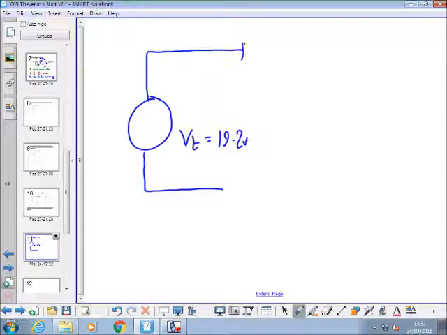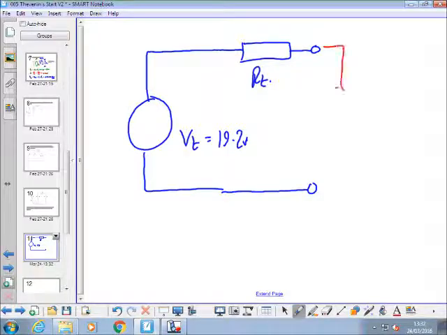So we got that bit. The other thing we've got to do is find this R Thevenin. And then once we've done that, we'll reconnect our 30 ohm resistor, and we'll be able to analyse what the current is in it.